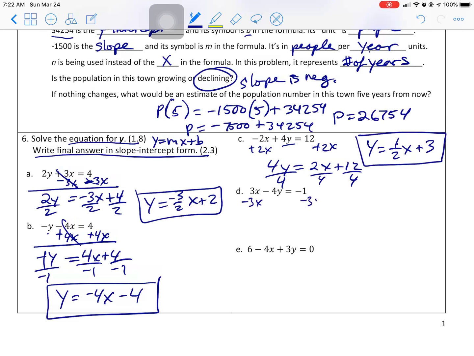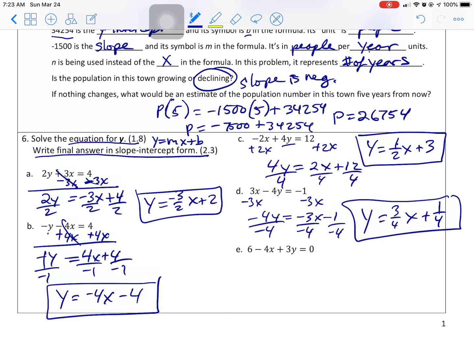All right, move 3. Divide by that. y equals, negative over negative is a positive. Negative over negative is a positive.